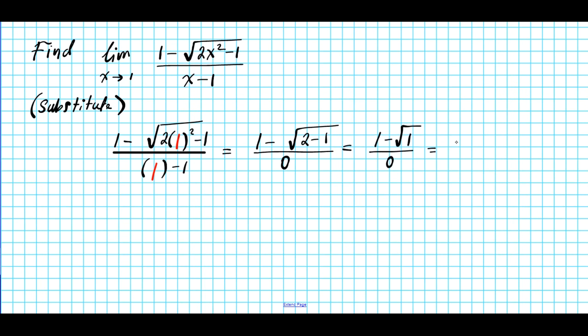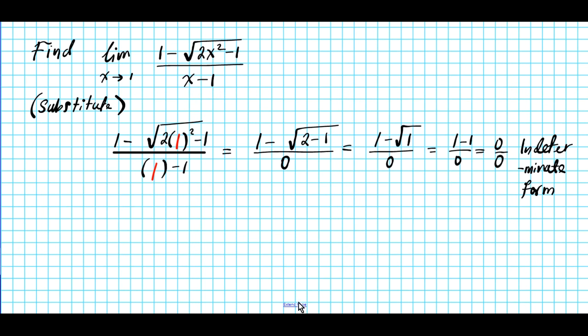And then we have 1 minus 1 over 0. We have 0 over 0. So this is of the indeterminate form. If you have a limit that's of the indeterminate form, it basically means that we have to use another approach to try to evaluate the limit.